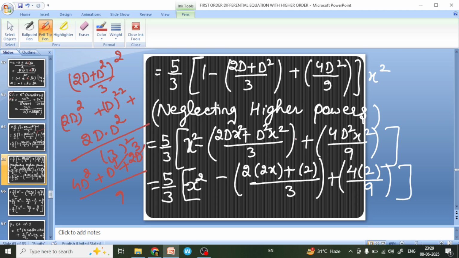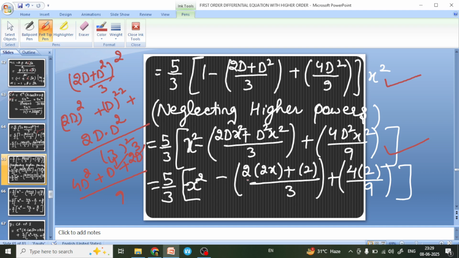These powers should be neglected, so we will be left with 4d square over 9 x square, 5 over 3 x square minus 2d. Then we will multiply this x square with the whole equation and find this equation.